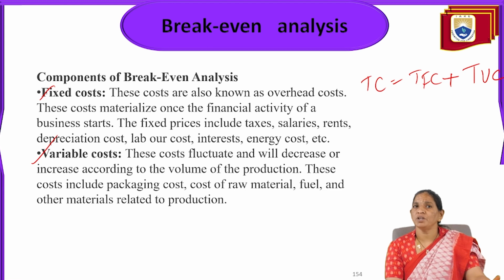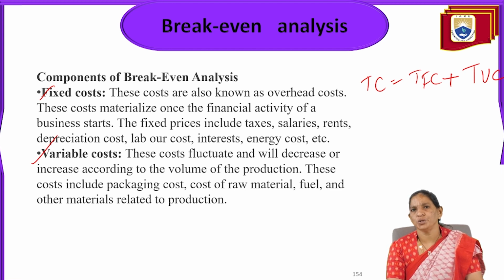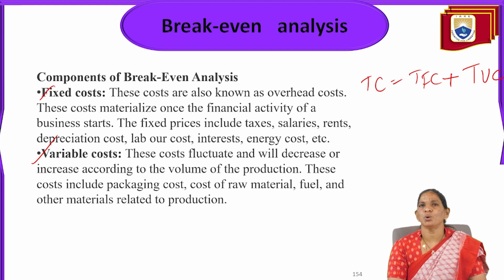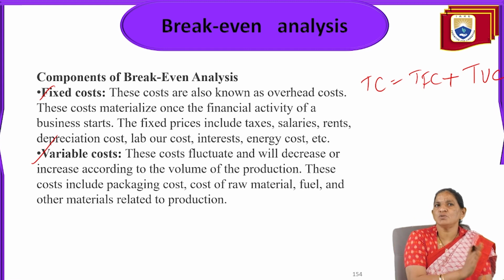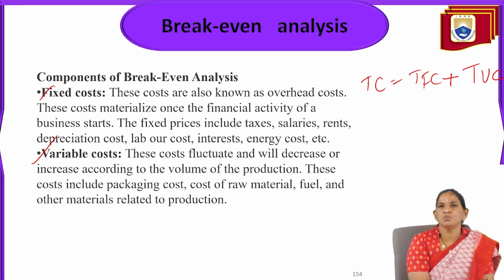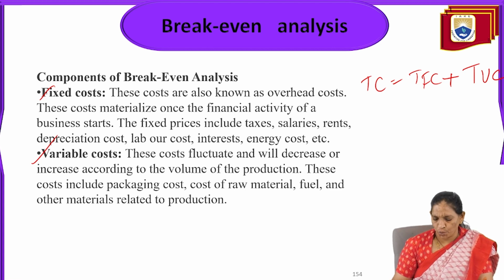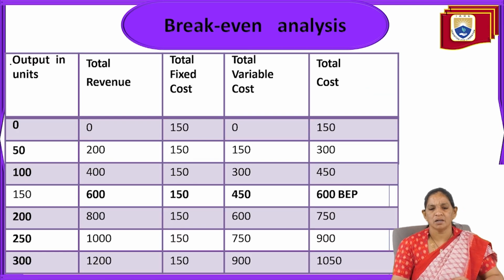When we produce 11,000 units, the cost will be 11,000. Like raw materials, fuel, labor cost, the cost will be based upon the number of units. So the variation comes due to fixed and variable cost, which will have an effect upon the break-even analysis.